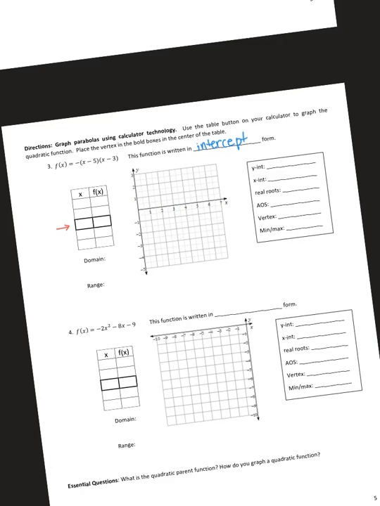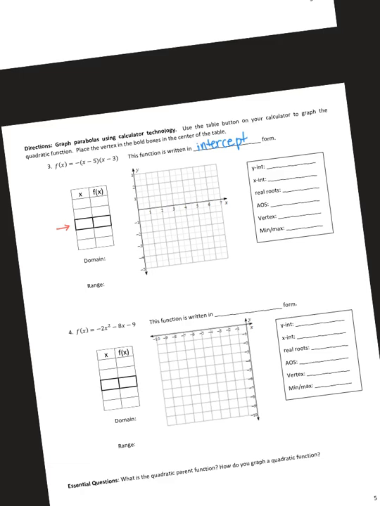So when you are looking at your table, you are looking for your x values to increase, and as your x values are increasing, you want your y values to decrease and then turn around at a point where they begin to increase again. That point where we're turning around is the vertex.